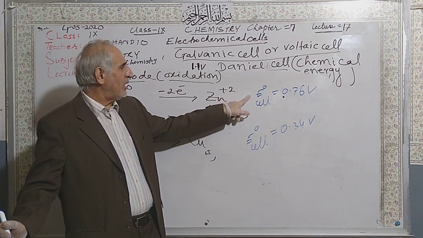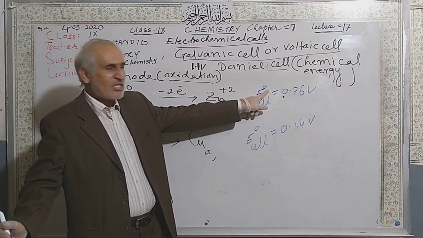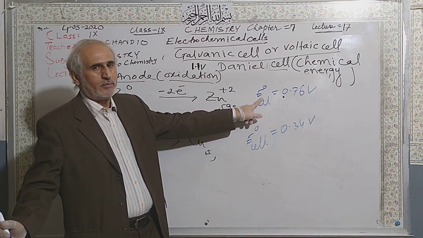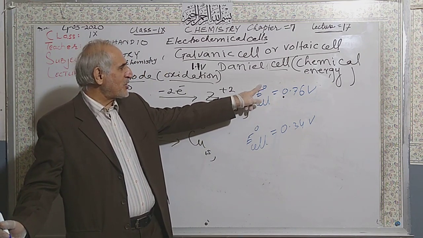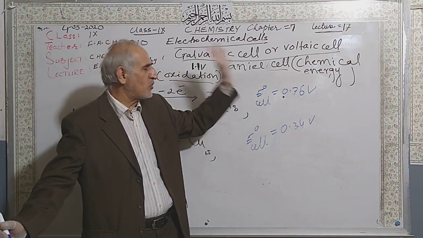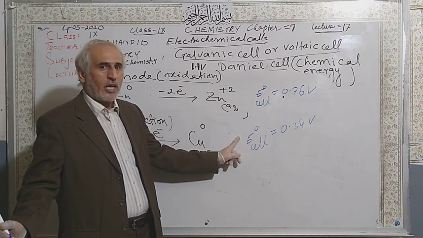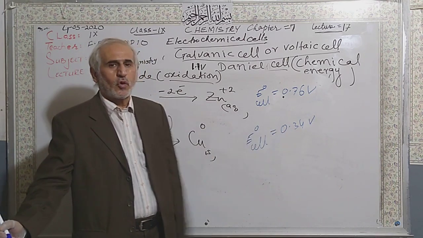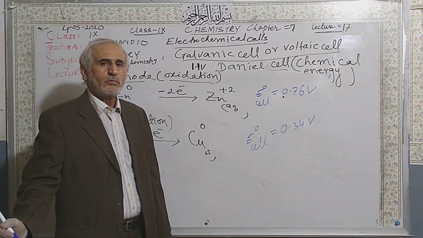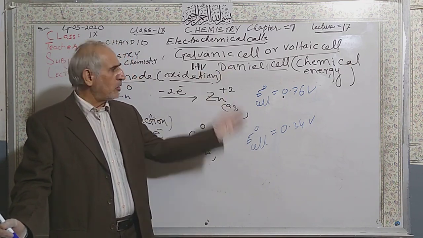So this is the electrode potential, not the standard electrode potential. The standard electrode potential for the oxidation half cell is 0.76 volts. The standard electrode potential for the reduction half cell is 0.34 volts. Total I add 1.1. I'm not going into detail.